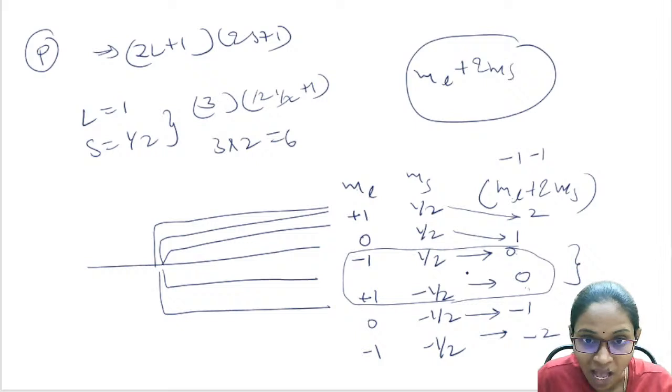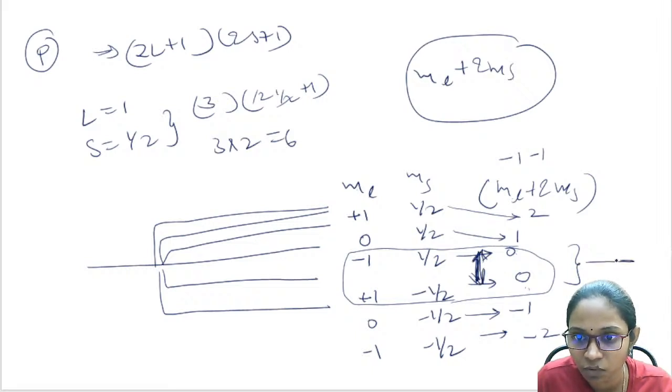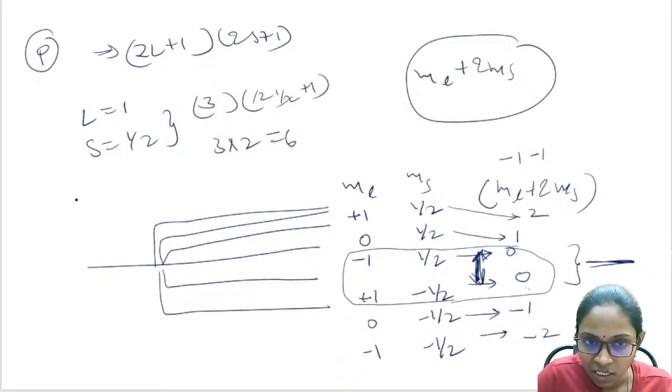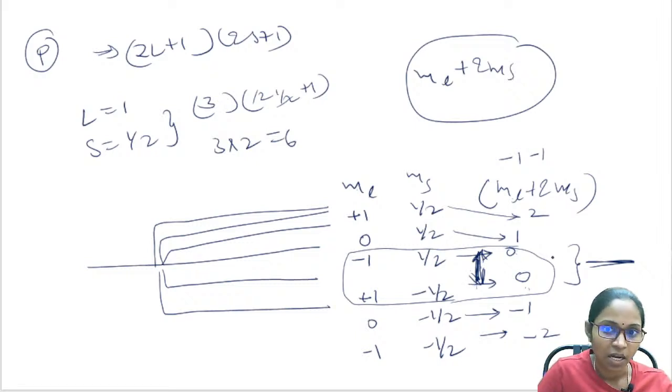That means as the external magnetic field is increased, what happens? These two levels will merge with each other and form a single line. Okay, that means because of the external magnetic field, as it is increased, these both lines are merged with each other, and you will be having 5 lines here.